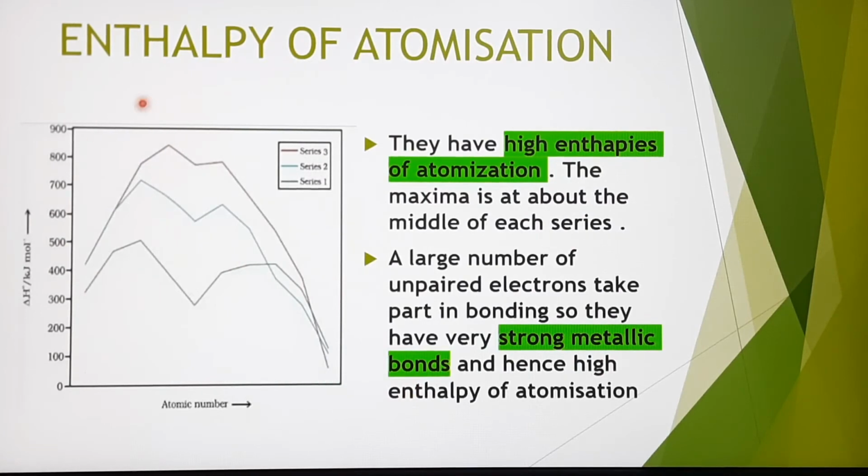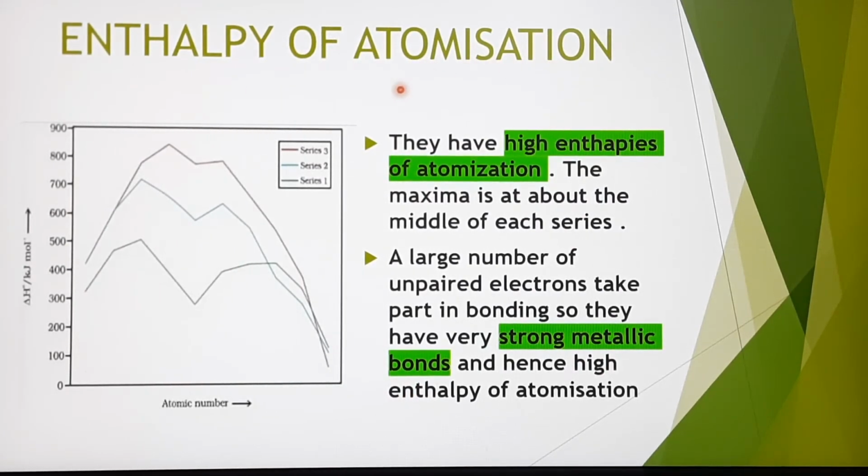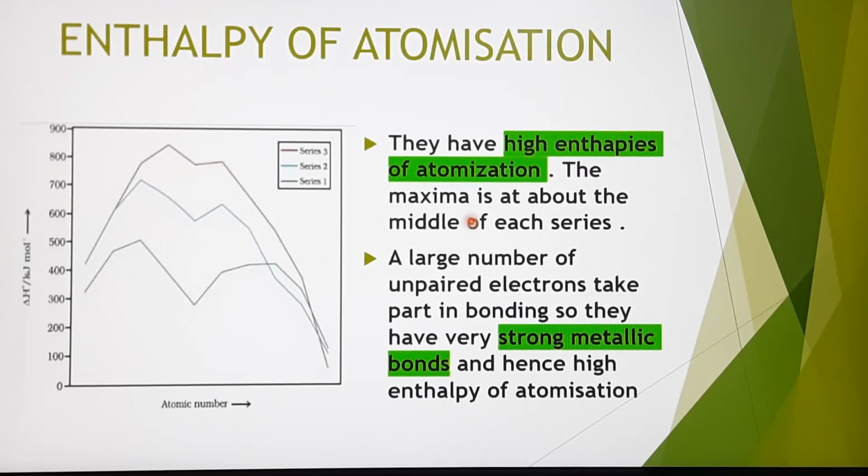Next property is enthalpy of atomization, means the energy required for converting 1 mole of metal atoms into gaseous metal atoms. So if we study the data or see from the graph, the enthalpy of atomization for transition metals is high, but whenever we move from left to right, the value of enthalpy of atomization decreases.